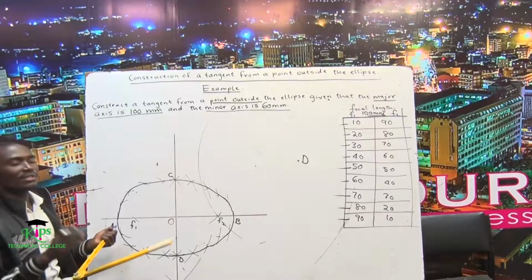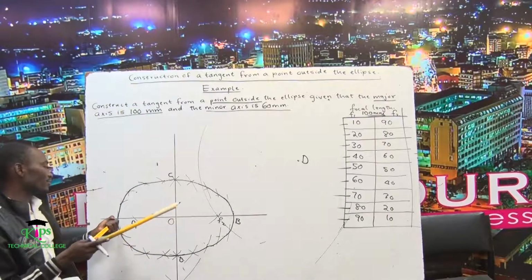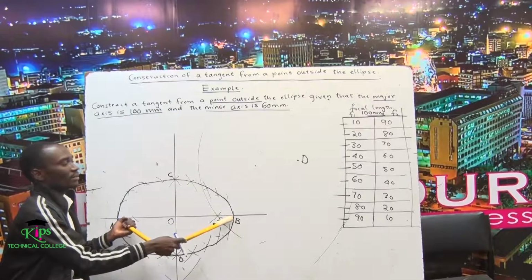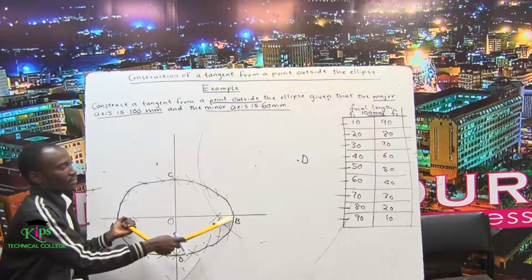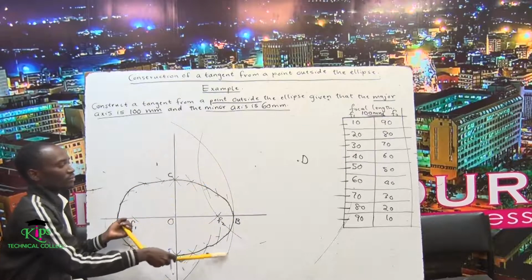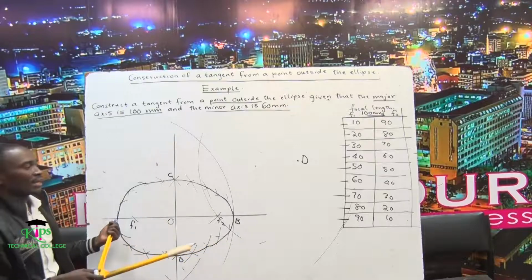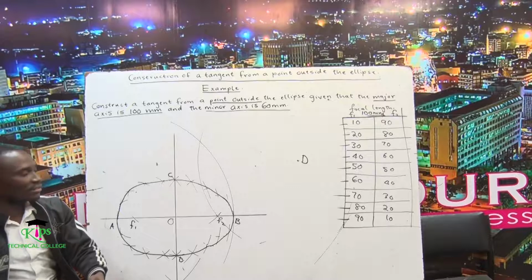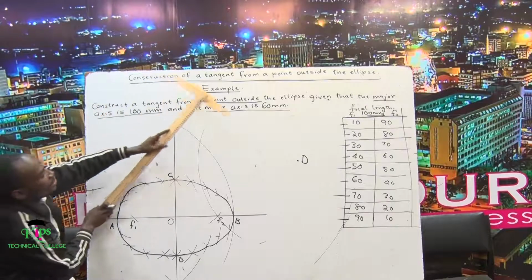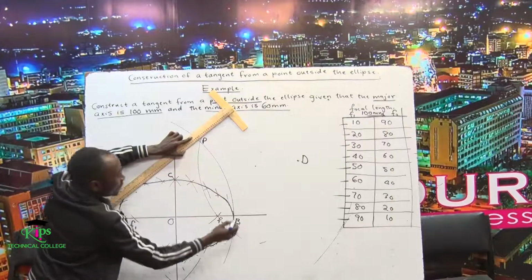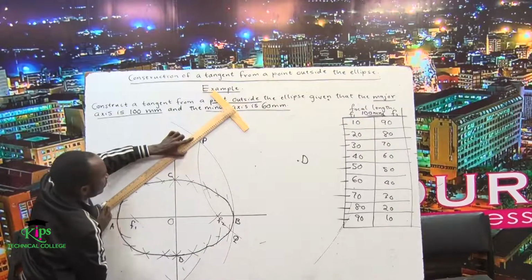Then again, using the measurement of the major axis from point A to point B, I should draw another arc to intersect with the first arc. Whatever is remaining is to join these points P, Q.